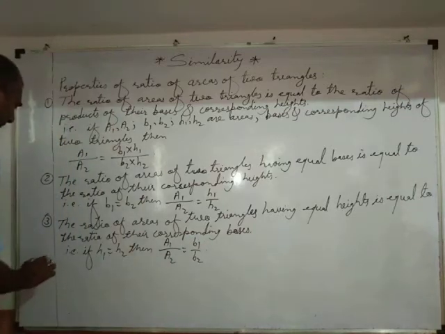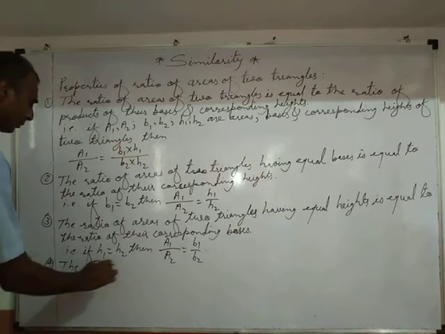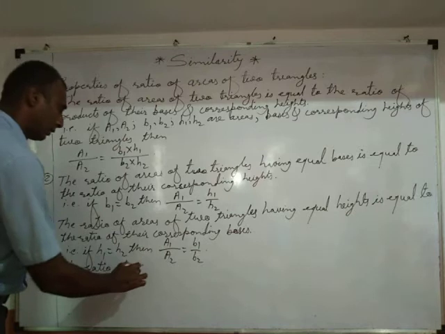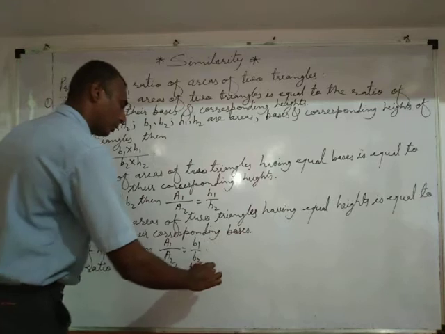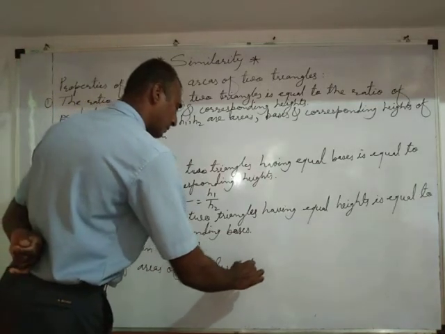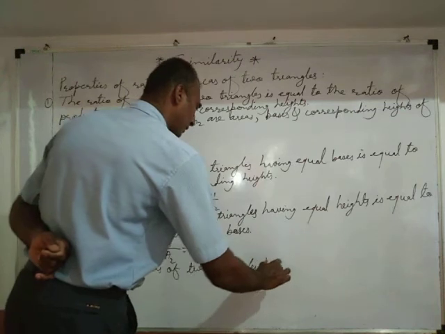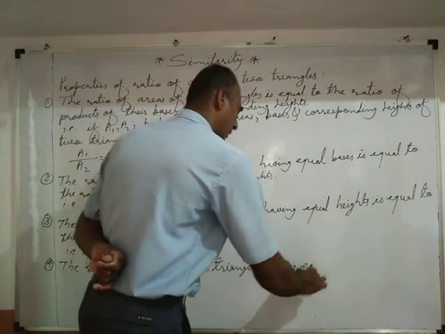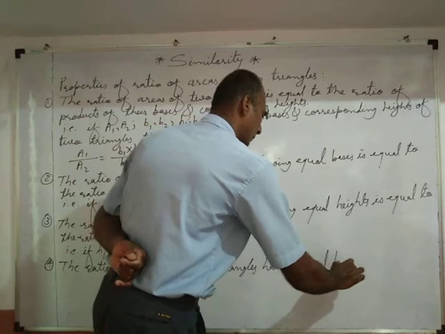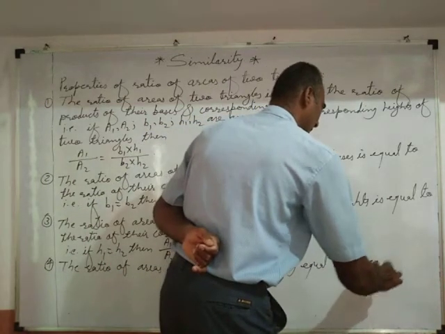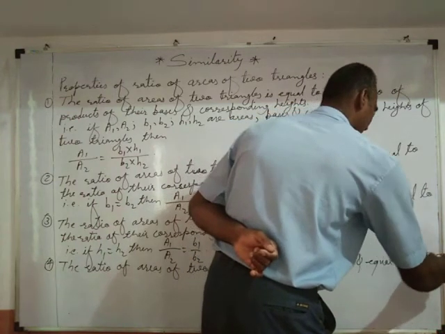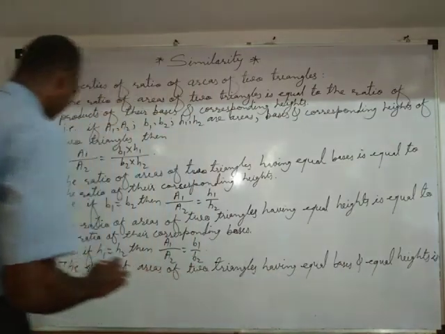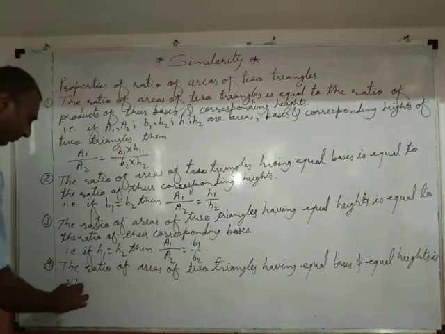And fourth property, the ratio of areas of two triangles having equal bases and equal heights is 1:1.